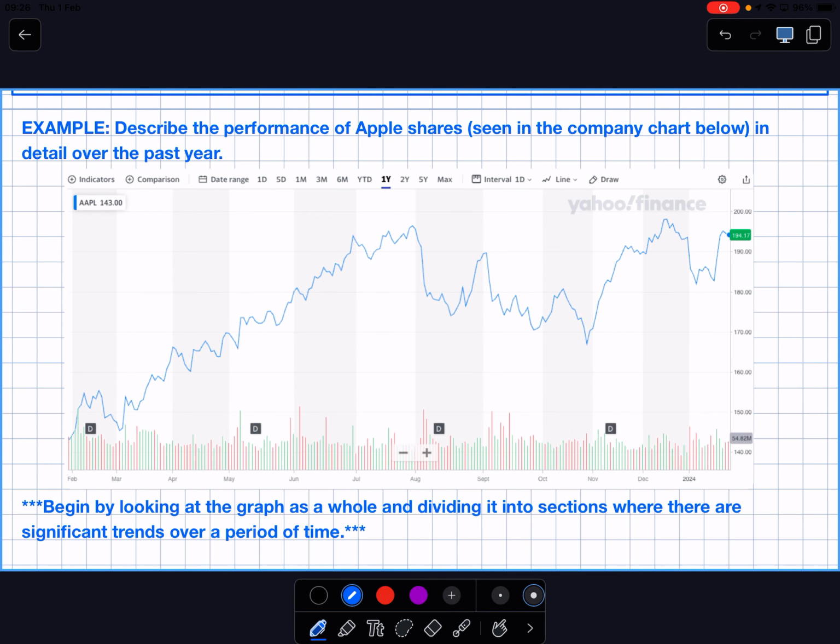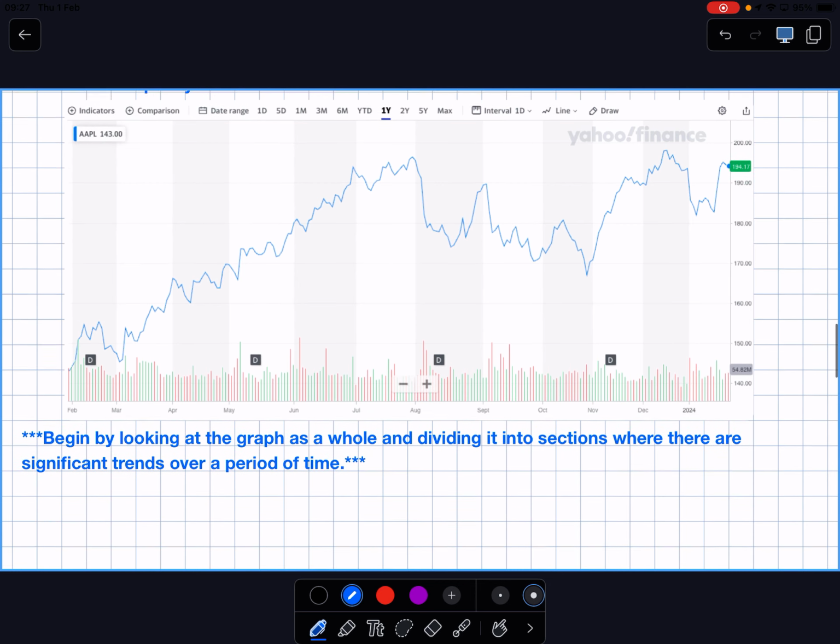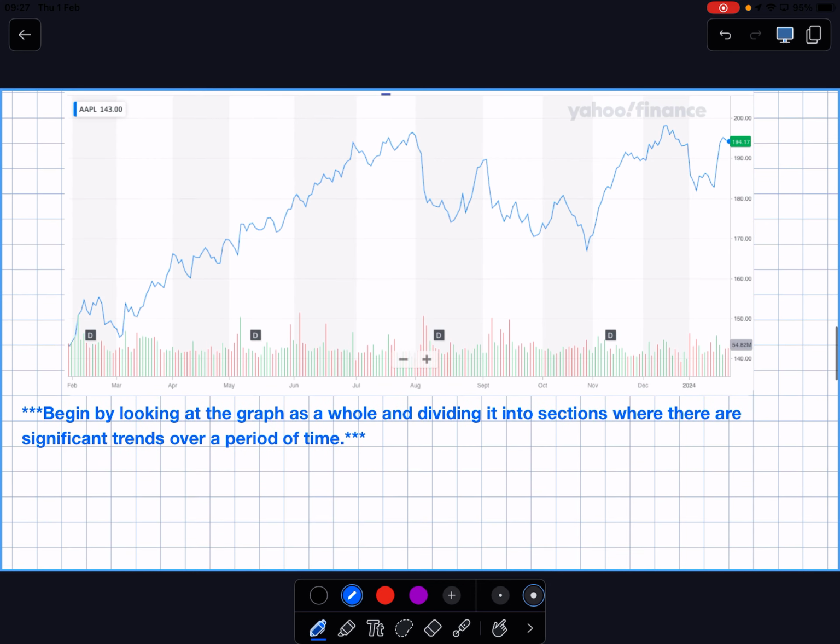Let's do Apple. Describe the performance of Apple shares seen in the company chart below in detail over the past year. The way you should think about this is begin by looking at the graph as a whole, dividing it into sections where there are significant trends over a period of time. Do you agree that there's a pretty gradual rise up to here?